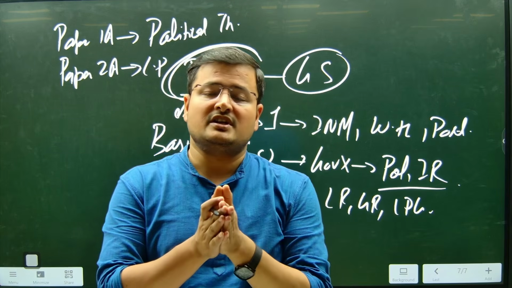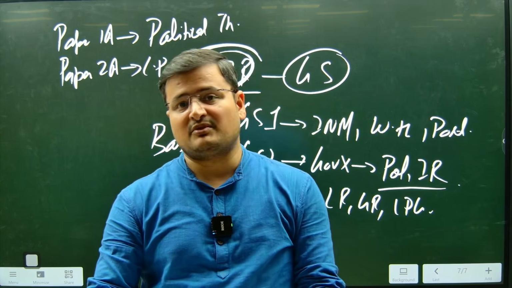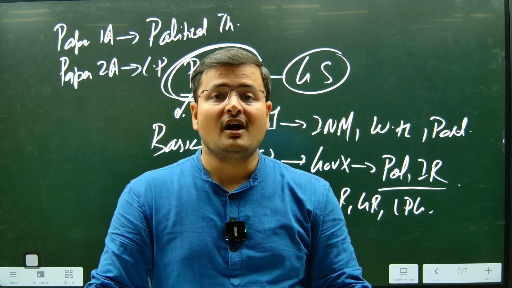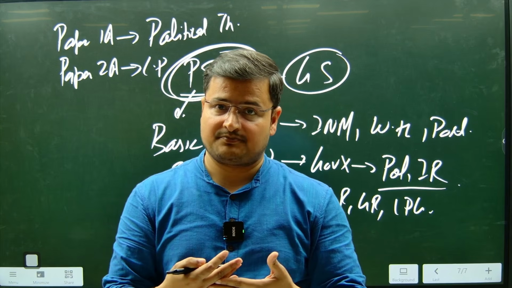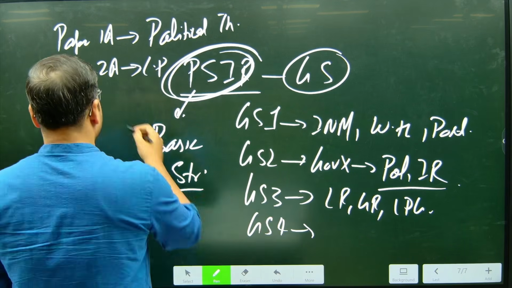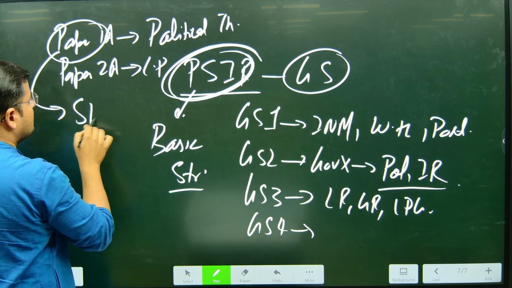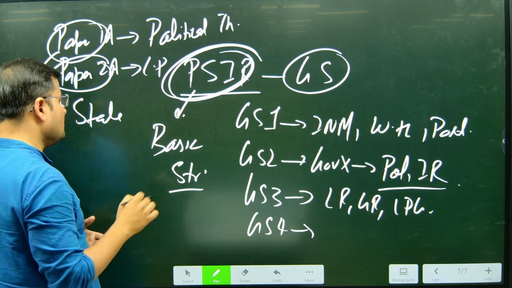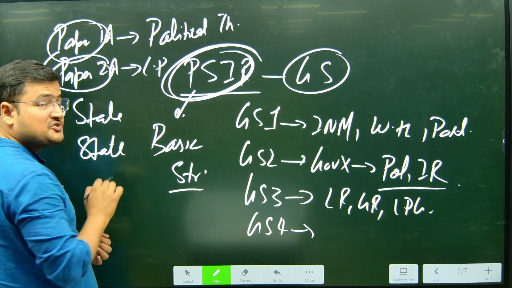We will do it in an integrated manner so that your effort as well as my effort can be saved and we can utilize it for answer writing. For example, in Paper 1 we have to study the theory of state, and in Paper 2 Section A we also have to study the state in comparative perspective.